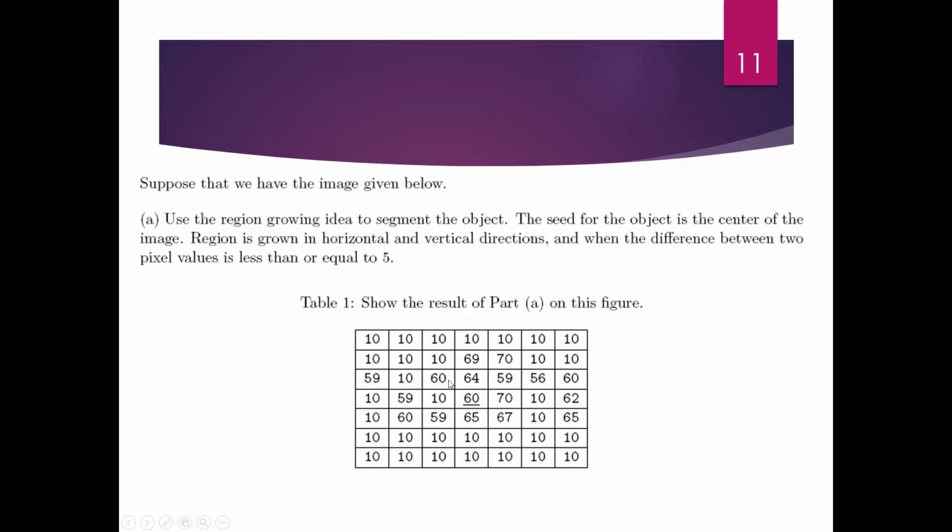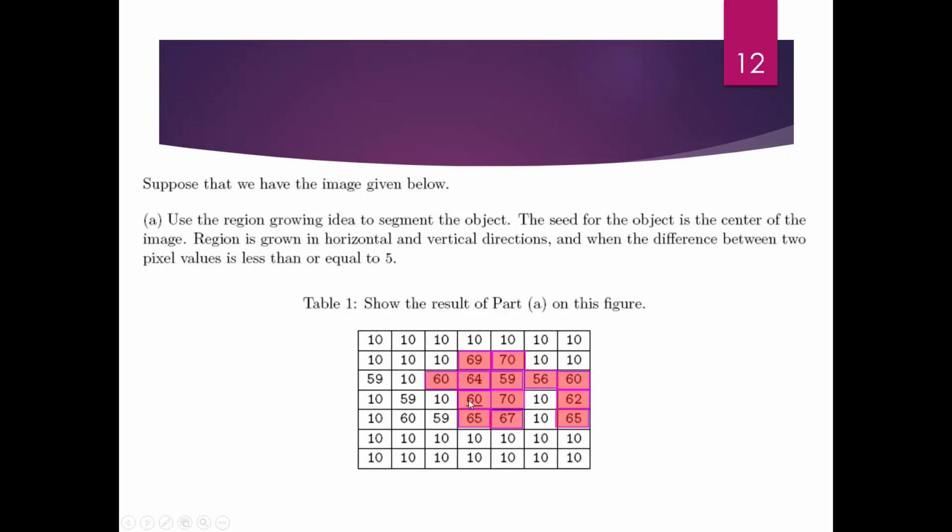But here we cannot choose the diagonal one since we are using 4 connectivity. In this way, all those pixels represented by light red or orange color are connected, because the intensity difference is less than 5 and we are using 4 connectivity.